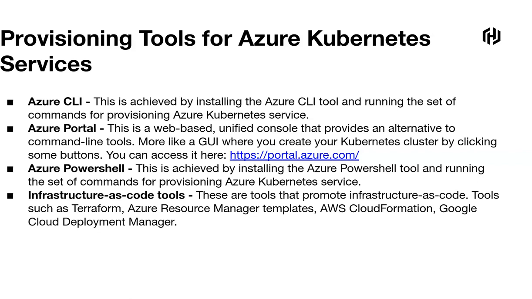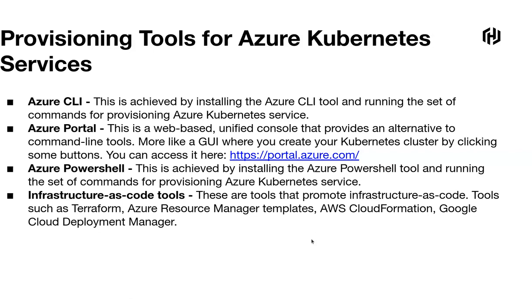You also have Azure PowerShell, more like Azure CLI, but targeted at Windows machines. You have a set of commands as well, with which you can set up Azure Kubernetes Service.